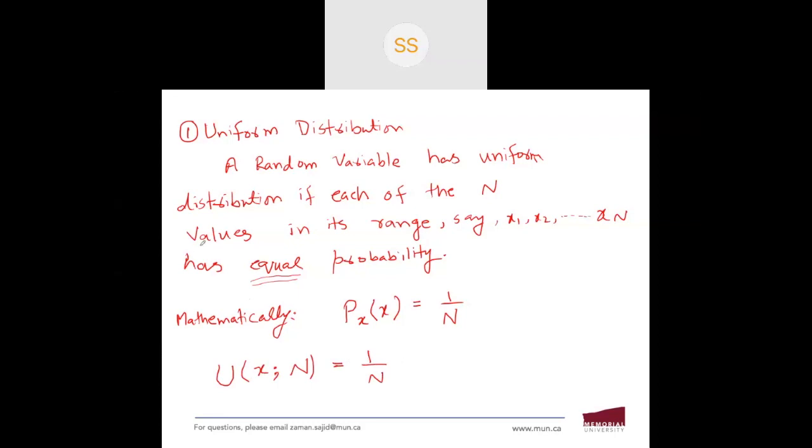So in uniform distribution, this n is basically called the parameter of the distribution.